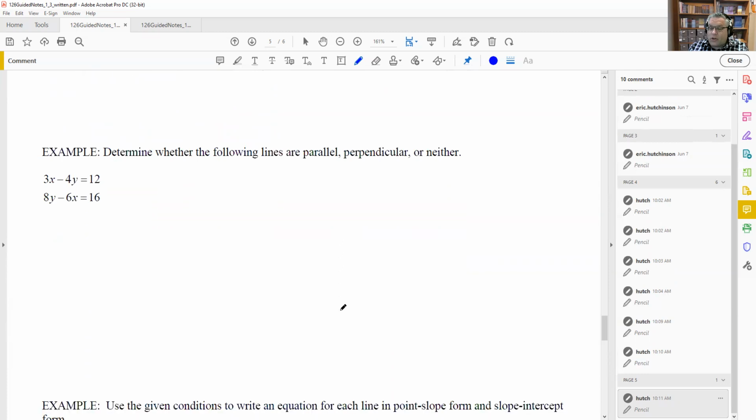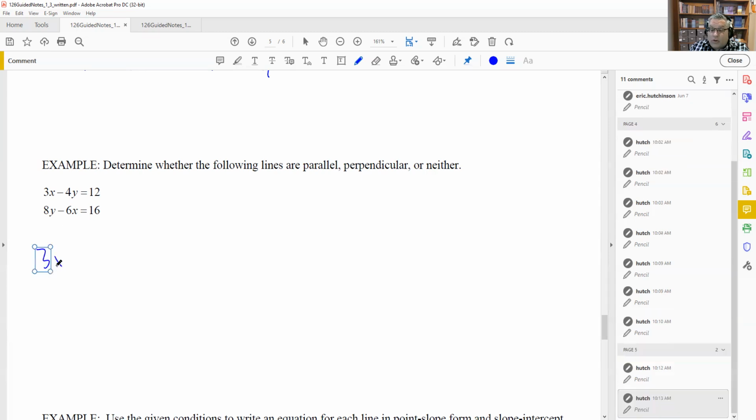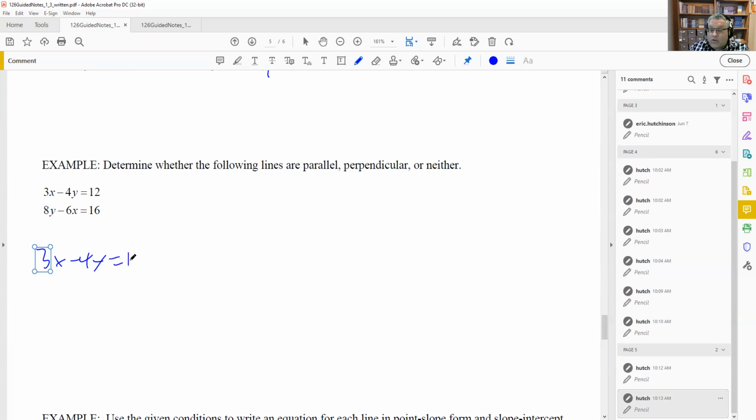It says determine whether the following lines are parallel, perpendicular, or neither. That's one of the types of problems you'll have with the homework. We need to figure out what the slopes of each of these are, and then we'll compare them afterwards. Okay, so let's start with this one, 3x minus 4y equals 12. I'm going to subtract 3x from both sides, and I get -4y equals -3x plus 12.